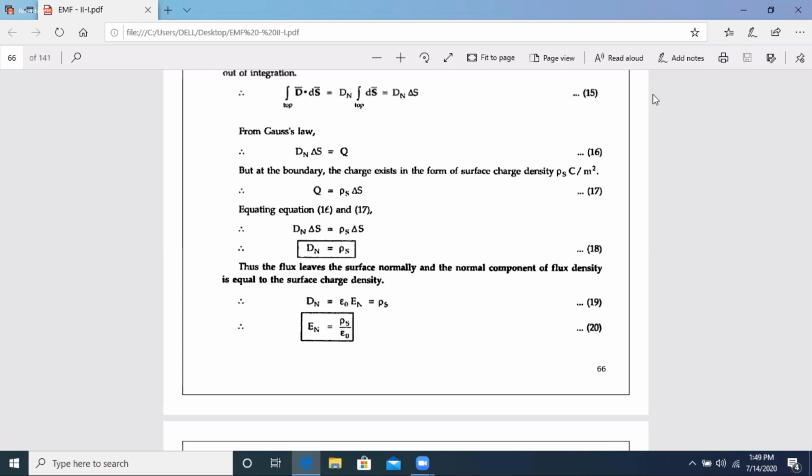When an electric field goes from one medium to the other, E tangential in medium 1 is equal to E tangential in medium 2.